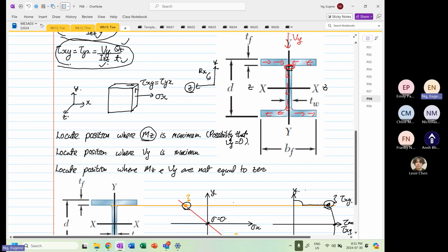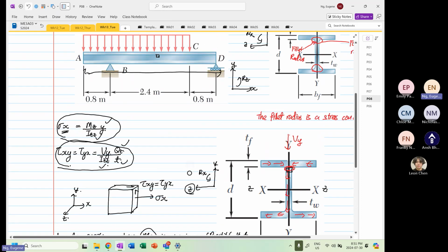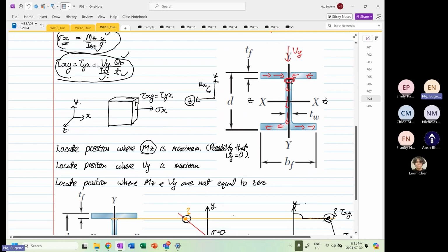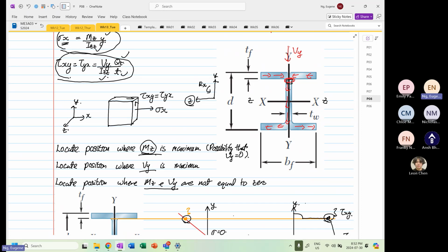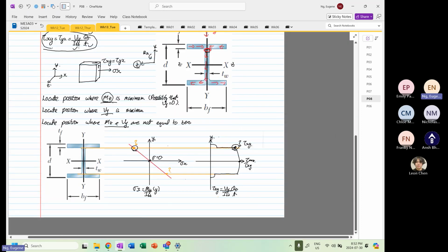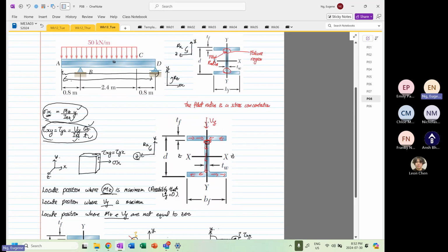And then we have to locate the position along the x-axis where we have the maximum Vy, or a position where we have relatively high MZ and Vy values. Okay, so now you know the procedure of solving this problem and the complexity. I mean it's complex because we combine different topics, not necessarily complex as in mathematically impossible.